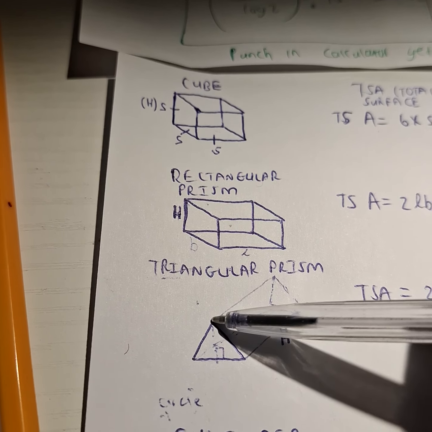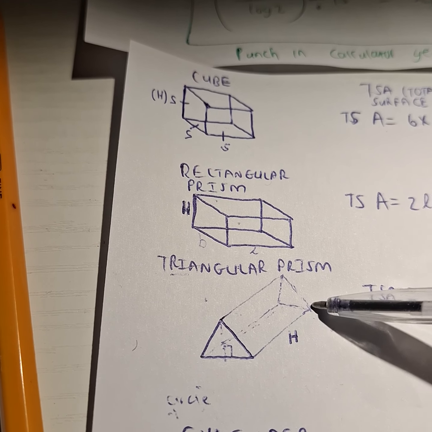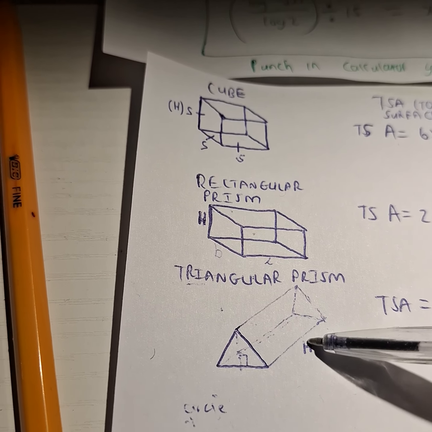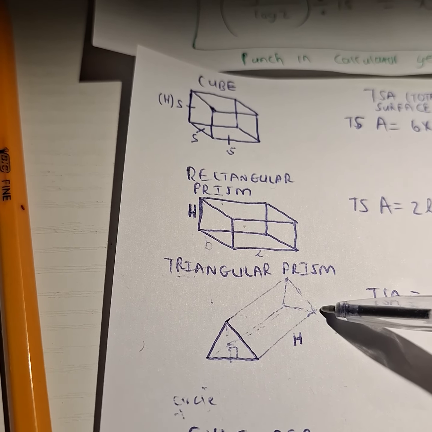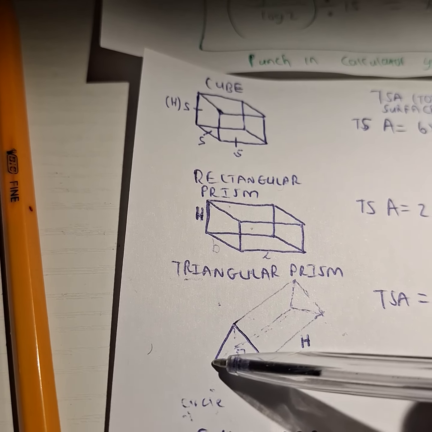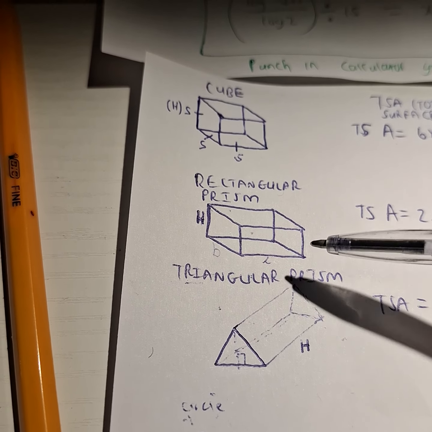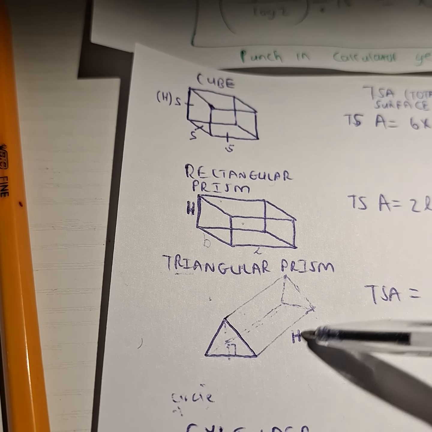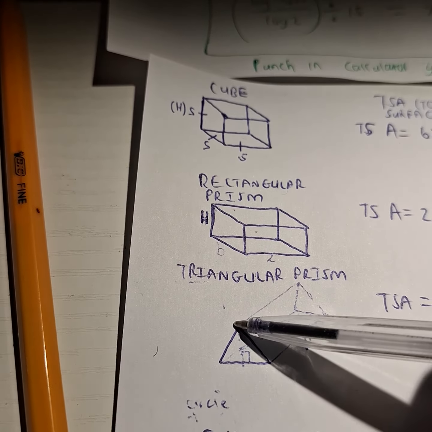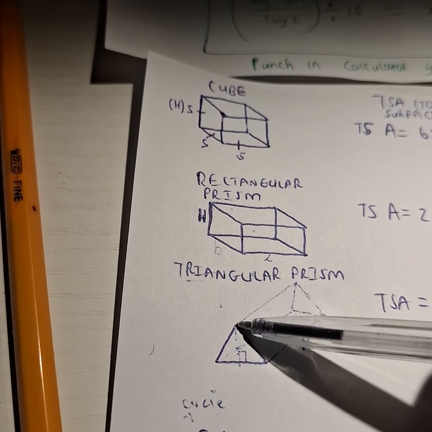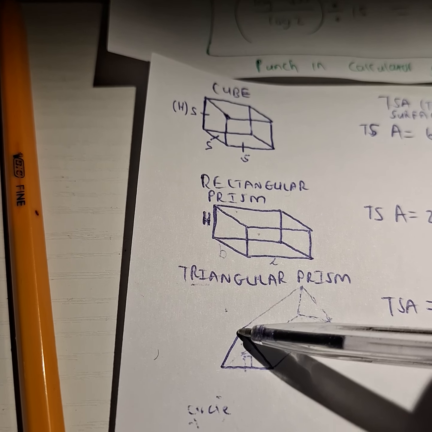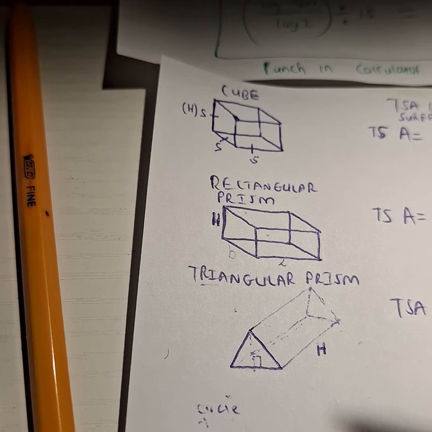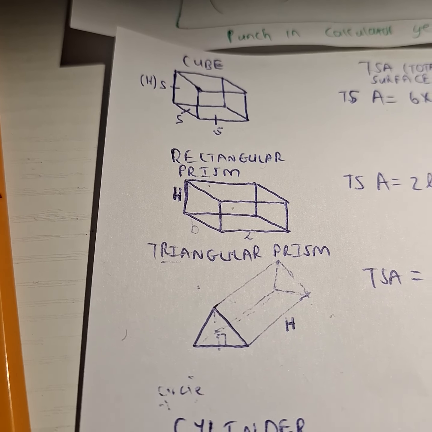Then of course this height will go for the rectangle here with this side, so you would multiply this with the height, then this rectangle, still it has this height, this side would be equal to this side if it's an equilateral triangle. Then this rectangle, still this height would be a dimension multiplied by this side of the triangle. So you would have 3 rectangles that are identical and that are the same.